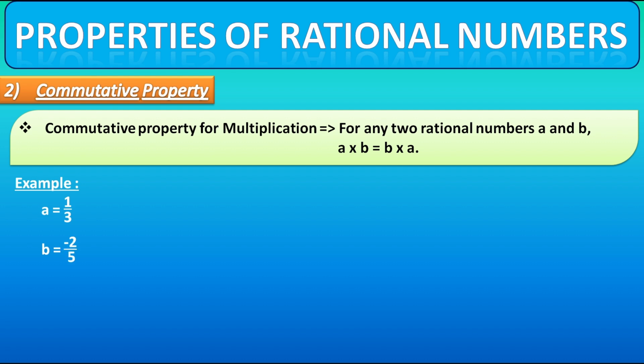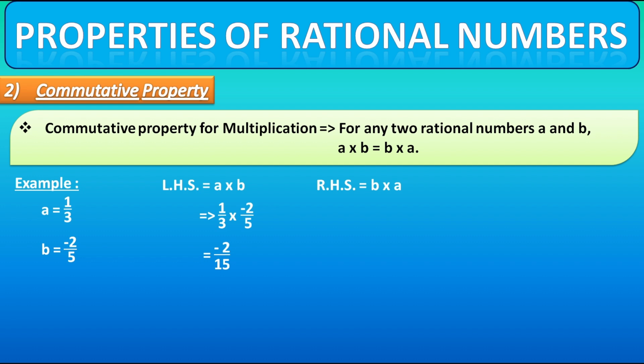Now the LHS part is A into B. So let's put the values of A and B: 1 upon 3 into minus 2 upon 5. As per the rule of fraction multiplication, we multiply numerator with numerator and denominator with denominator. That's why 1 into minus 2 is equal to minus 2 and 3 5s are 15. So I got the answer for LHS as minus 2 upon 15.